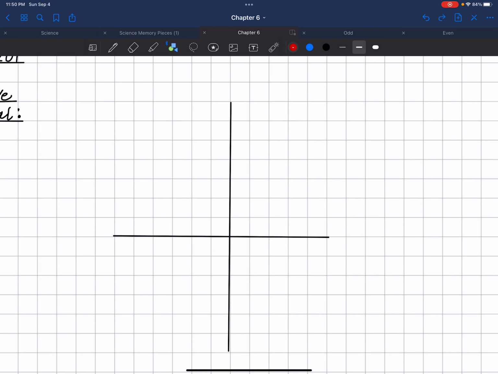Let me line it up where I want it. I need to line those X points up. Okay, so something like that.